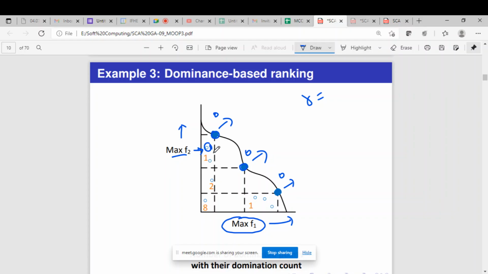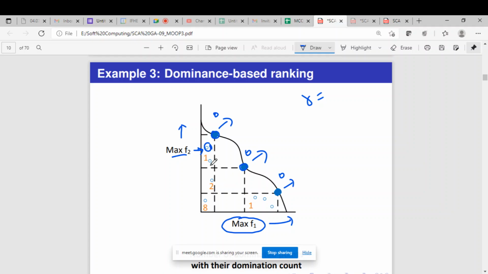Pardon? Two. Who are the two? No, no, this is rank. This is not any number. This is rank. These two individuals' rank is 1. That is what it means. This individual's rank is 2. This is how it is being calculated.